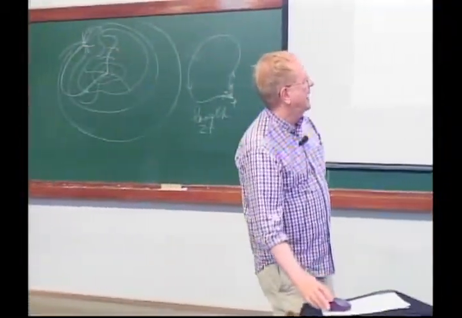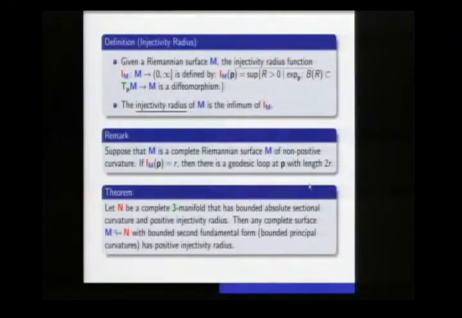If it's positive injectivity radius, we can think of that as being embedded and nice inside of the three-manifold. And then you have a graph over that. And then the projection is nice, and from that projection you can see the injectivity radius of the surface behaves like the injectivity radius of a plane, which is infinite. But on a small scale, it looks like a disk on a plane. Okay, so that's called the uniform graphing lemma.